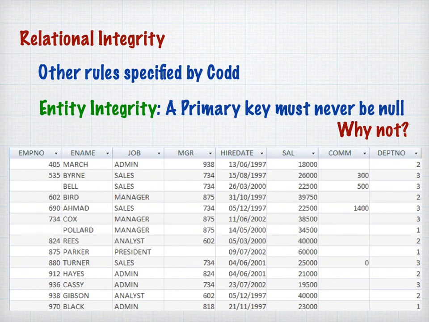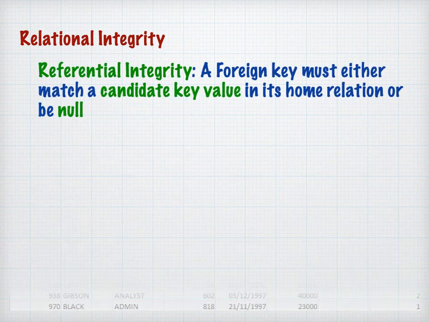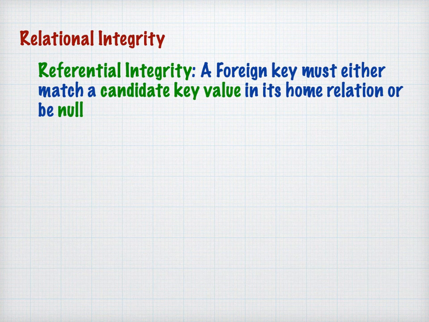I now can no longer call out emp number and get a row back from the table for every single row. I've broken the primary key. So primary keys must never be null. Clearly I would have no way of pulling out the different rows, Bell and Pollard. So that's entity integrity. Referential integrity is about foreign keys.